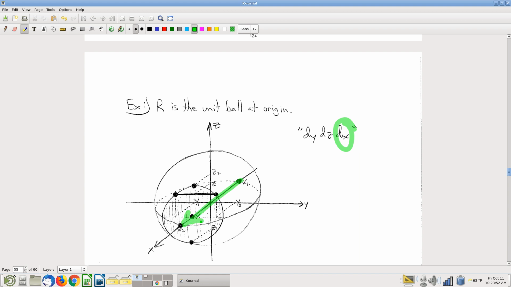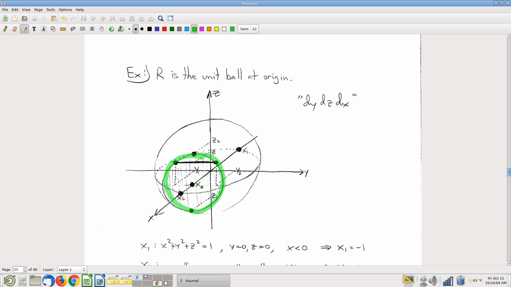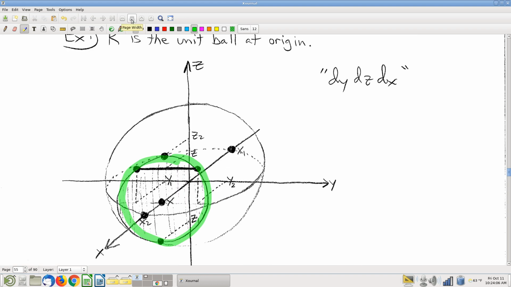Keep in mind what we mean by that is that when we're doing our x slicing, this is what the slices look like. This is hard to draw, by the way, as you may have already noticed. There are bigger spheres as you start to move further back.